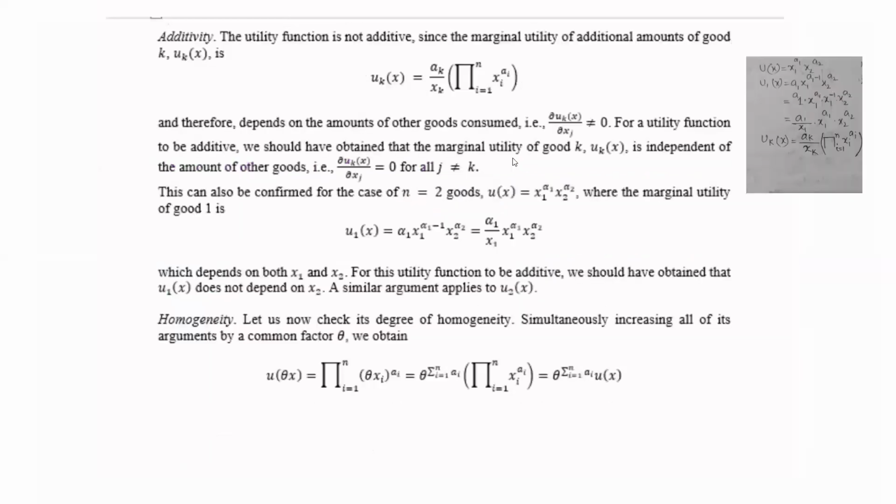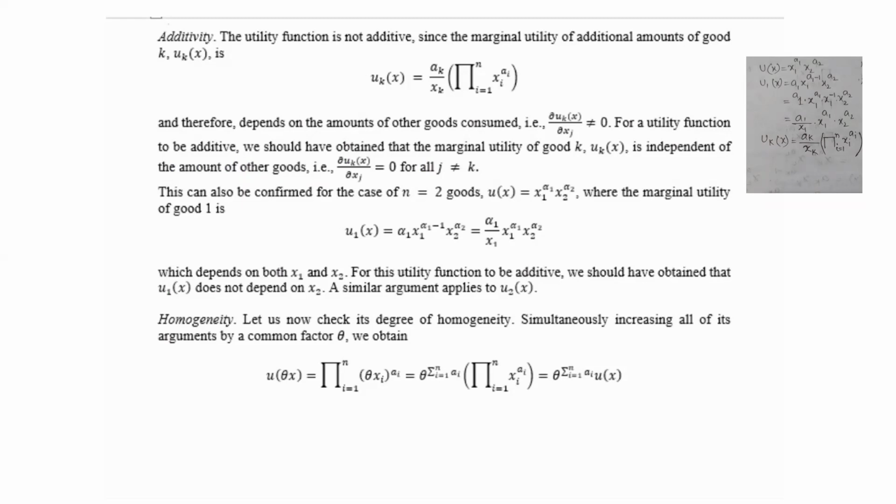Okay, I am moving to this slide. Depends on the amount of other goods consumed. I don't understand these things. You differentiate the utility of one good to the other good, and you show that if it is not equal to zero, then it is dependent. And I don't understand the things.